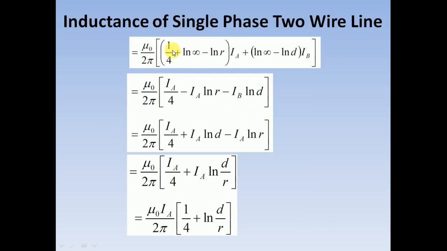The natural log of infinity by R can be written as natural log of infinity minus natural log of R. Similarly, natural log of infinity by D can be written as natural log of infinity minus natural log of D.